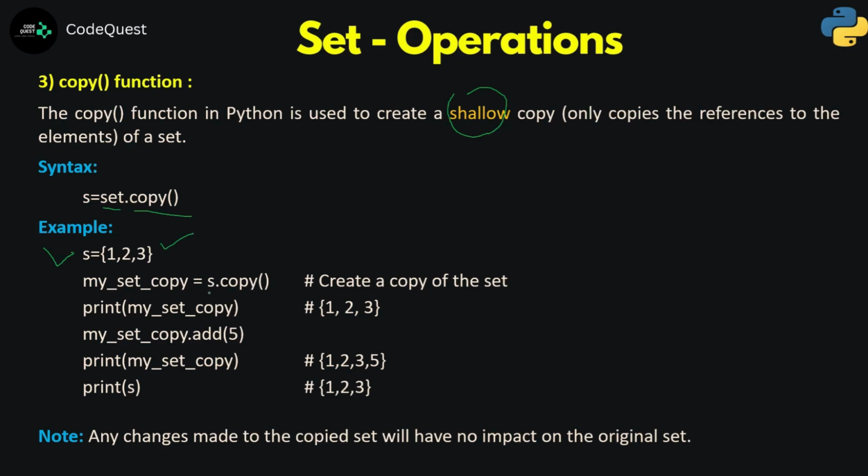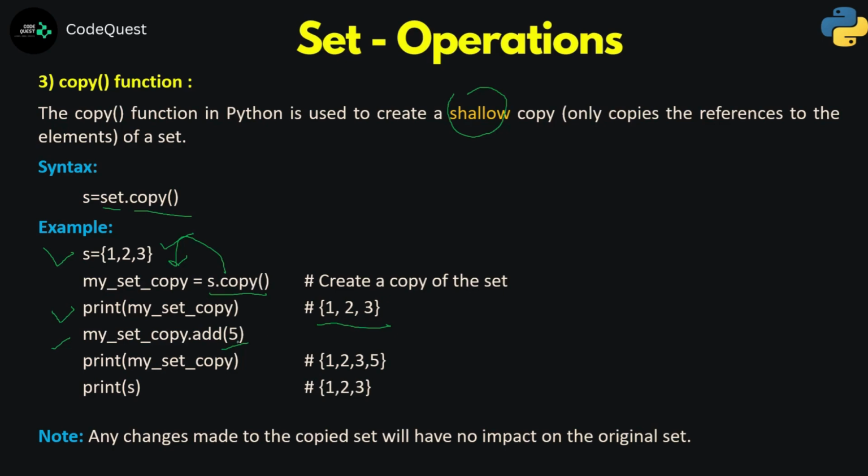Now here I am calling S.copy(). All the elements of this S are being copied and stored into another set, called my_set_copy here. When I print my_set_copy, I get the same set of elements that are already available in S. Now let's say later I try to modify this newly created set.